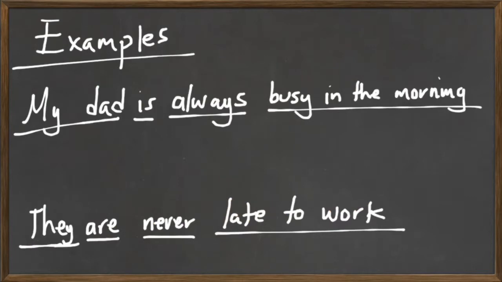For example, we also have, my dad is always busy in the morning. As you can see, we have the subject, and we have the auxiliary and verb. To be is, remember, the verb to be is both an auxiliary and a verb. Then we have our frequency adverb, always, and the rest of the sentence, the complement.